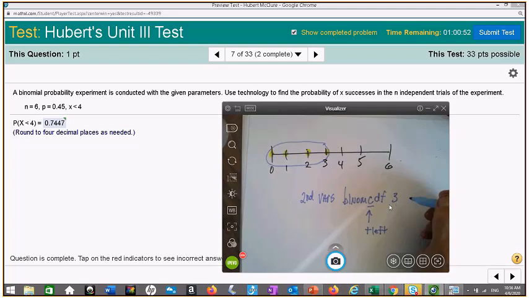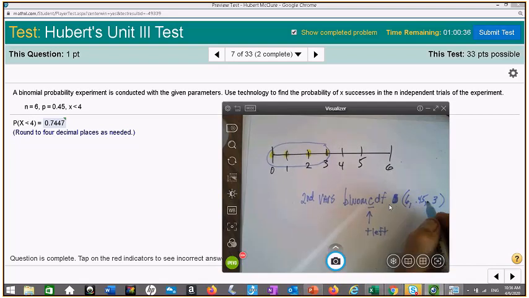So you would type in binomial CDF, where N is 6, p is 0.45, and 3. Somebody give me that number to 4 digits. It should be 0.7447. Y'all check and see.